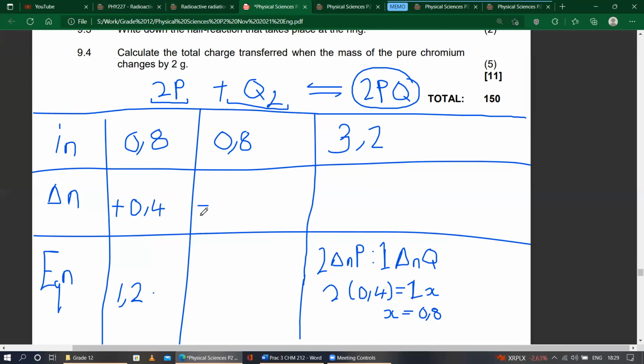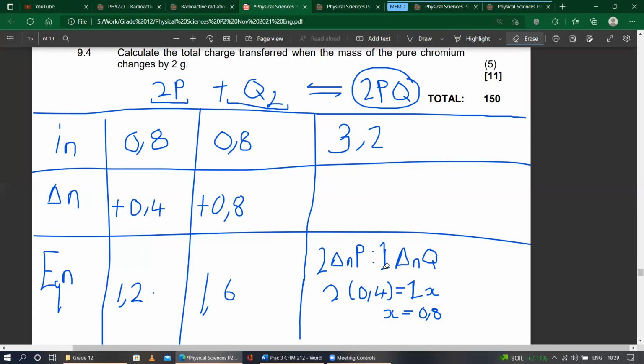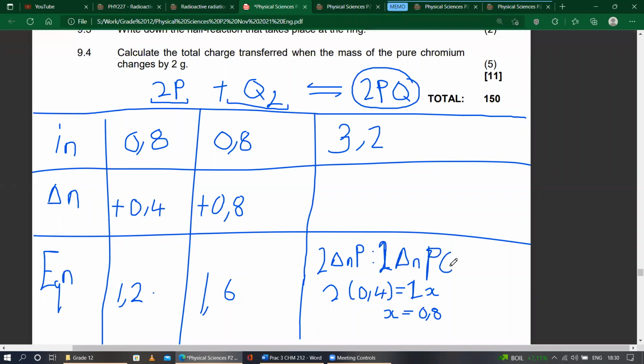Yes, sir. Okay, so here we're gonna add 0.8 moles. So we add 0.8 to this 0.8, we're gonna get 1.6 moles at equilibrium. Then now we're also gonna use, through using the ratio, we know that the change in number of moles of P is equal to 2 times the change in number of moles of PQ. Then this is just gonna be 2x.